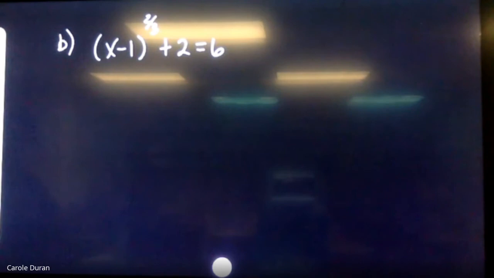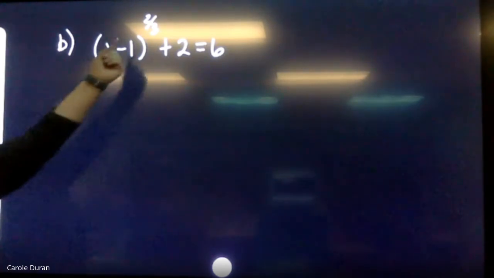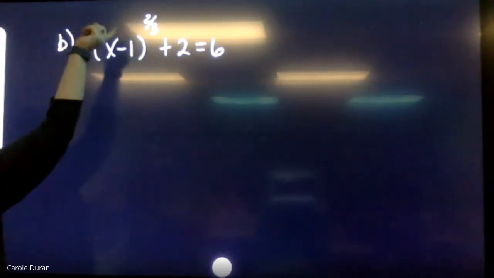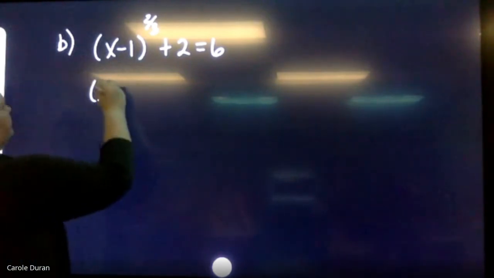Subtract the 2 over first. I need to isolate the radical that I have happening. Even though this doesn't look like a radical, this is a fractional exponent, which means there's a radical or root happening somewhere. So I need to subtract the 2 over.